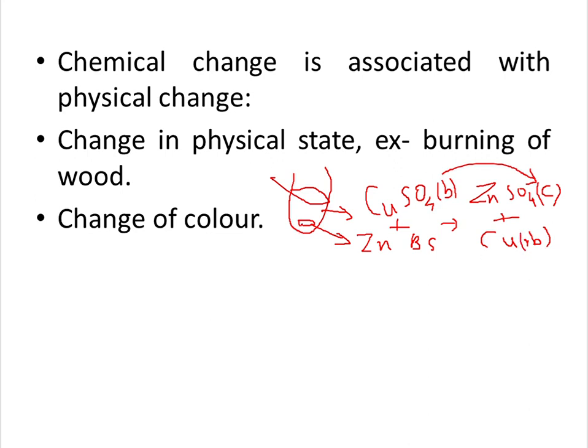So we will be seeing the deposition of reddish brown copper on zinc metal, and we will see that the color of the liquid changes from copper sulfate to zinc sulfate. So here copper sulfate is transformed into zinc sulfate. So this is a chemical change as a new substance is formed. But along with the formation of a new substance, the color is changing. That means a chemical change is always associated with some type of physical change.